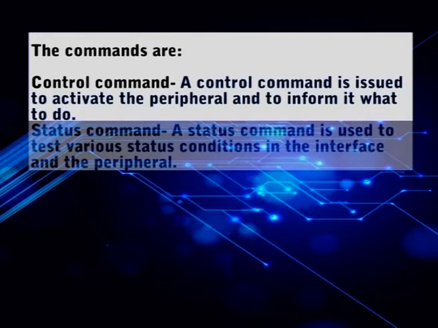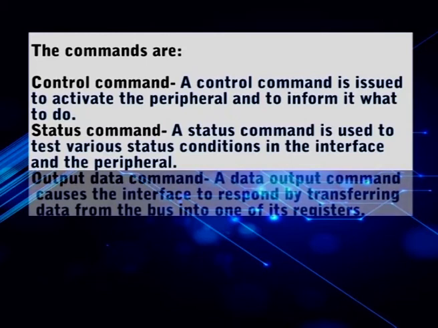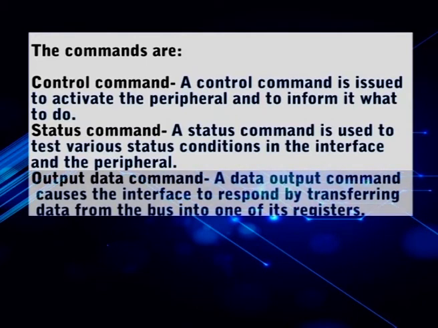Number 2, status command. A status command is used to test various status conditions in the interface and the peripheral. And number 3 is output data command. A data output command causes the interface to respond by transferring data from the bus into one of its registers.